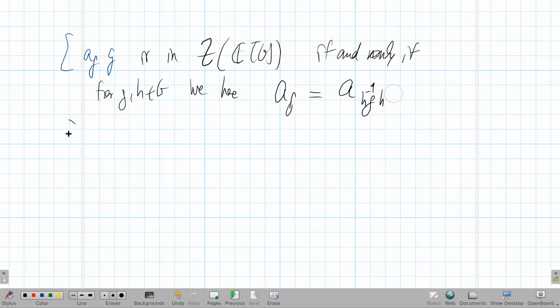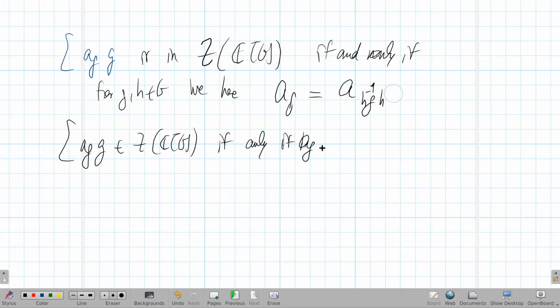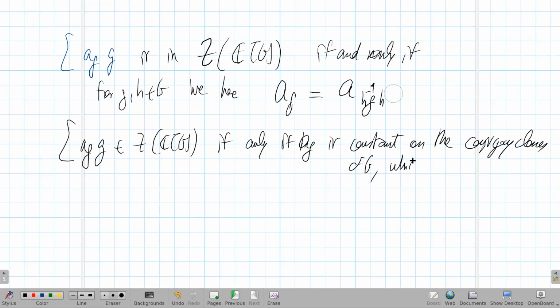In other words, this is in the center of CG if and only if the AG is constant on the conjugacy classes of G, which, remember, are the orbits of the action by conjugation of G on G.